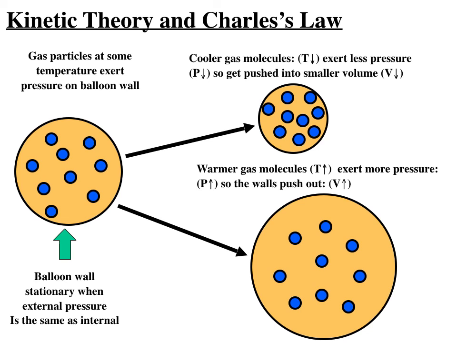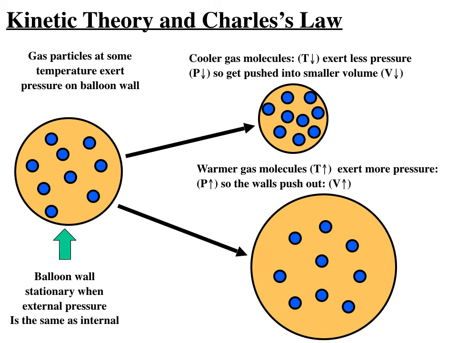Now let me take the balloon at the left at some initial temperature and raise that temperature as I do on the bottom right. The walls immediately begin to move outward because now the molecules on the inside are hotter, they're moving with more energy, they're hitting the walls with more force, they're creating more pressure on the inside, and they push the walls outward because the air on the outside is pushing the same as it was before.